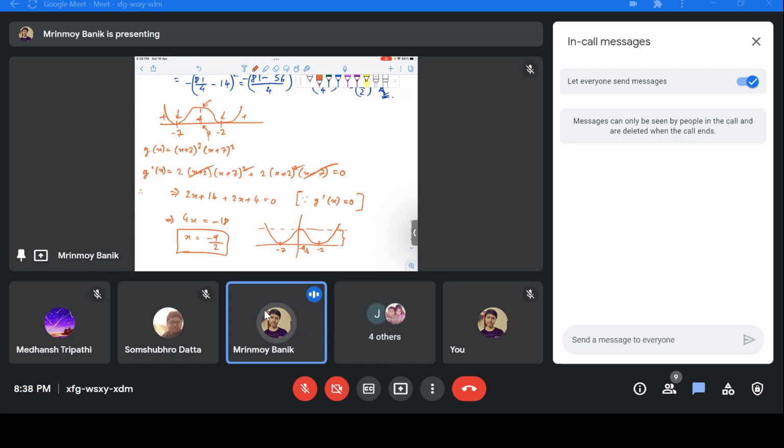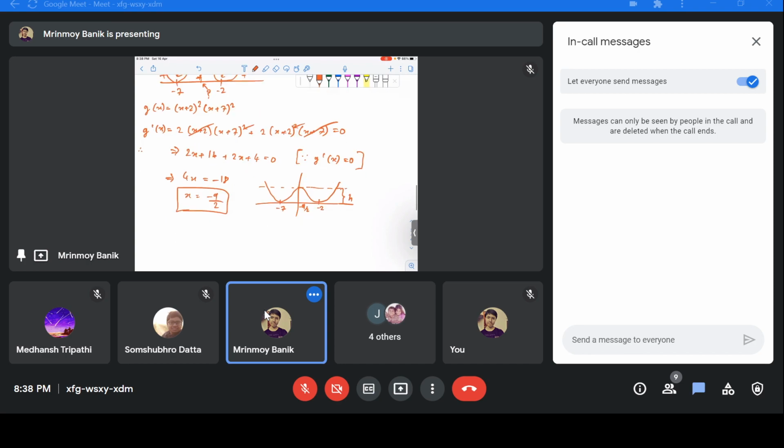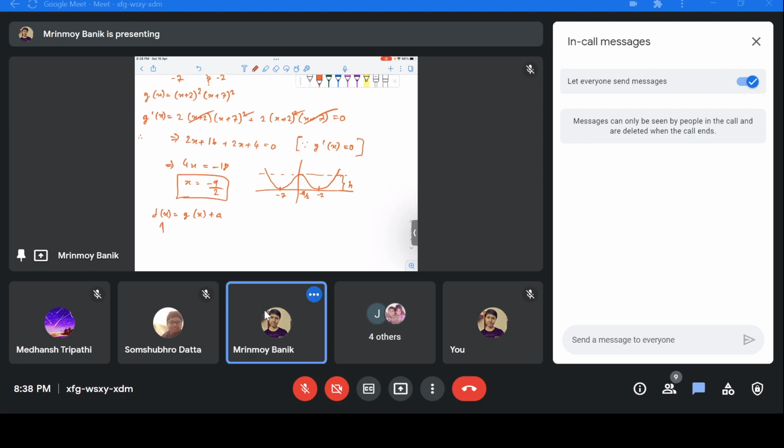Suppose this height is something h, and now our f(x) is of the form g(x) plus a, right? So any root of f, so let lambda be a root of f. So f(lambda) is 0. This implies g(lambda) is minus a.